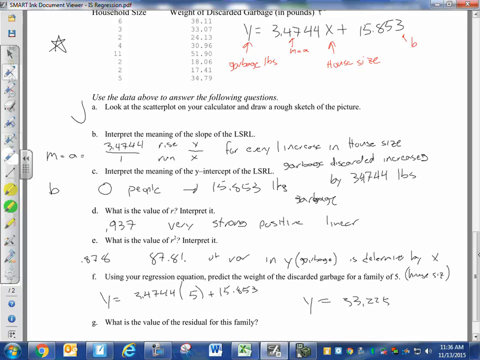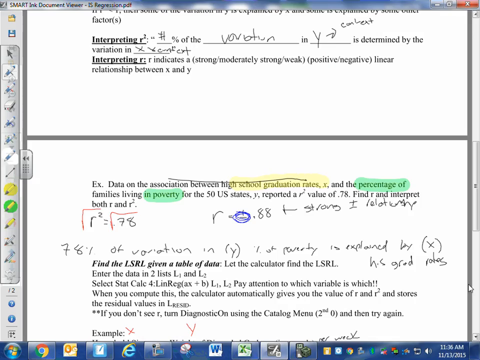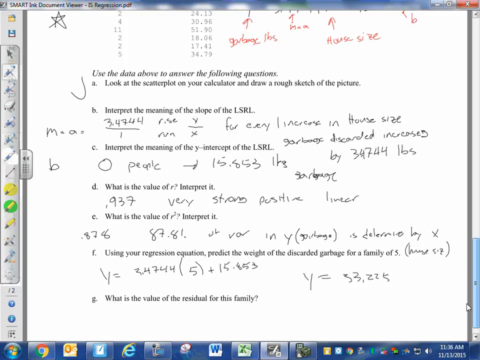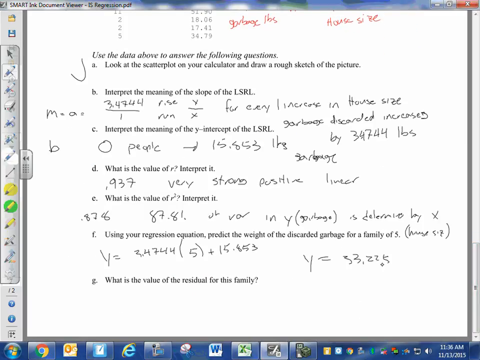I could also be asking you a question for how many people will be in a family that produces 50 pounds of garbage. You'd go 50 equals 3.4744 x plus 15.853, solve for x.